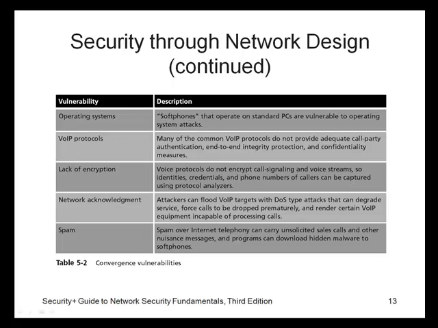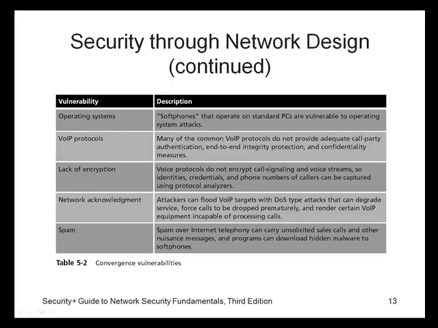Operating systems: soft phones operate from standard PCs and are vulnerable to operating system attacks, just like anything else. They have a phone spam, but they call it SPIT instead of spam. Voice over IP protocols don't provide adequate call authentication and integrity protection, and it's going to be unencrypted.